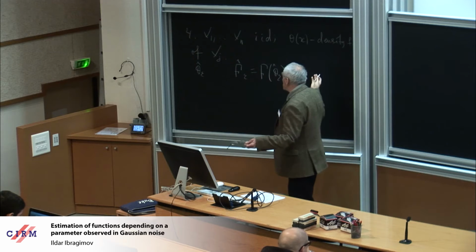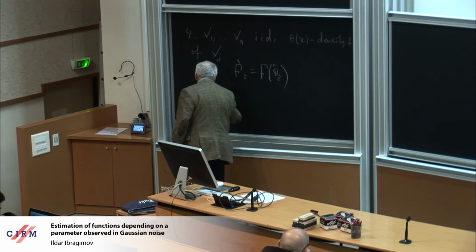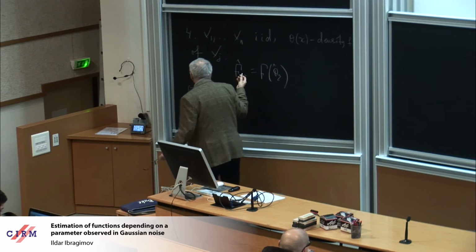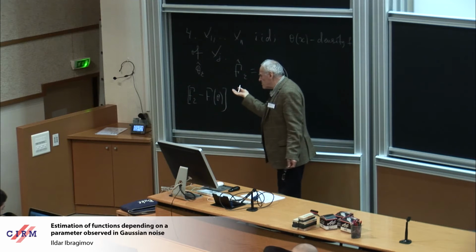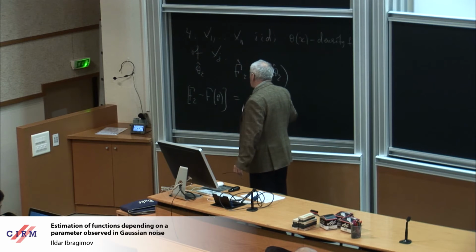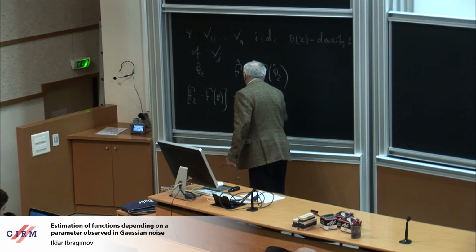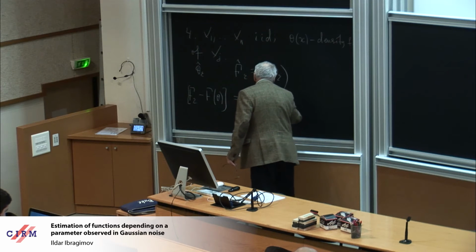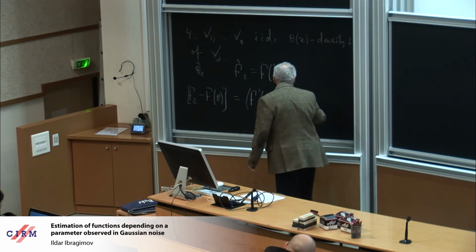And it's very easy to see that f hat epsilon minus f of theta, anyway for a function f with bounded derivative, will be f prime of theta times theta hat epsilon minus theta plus o small.